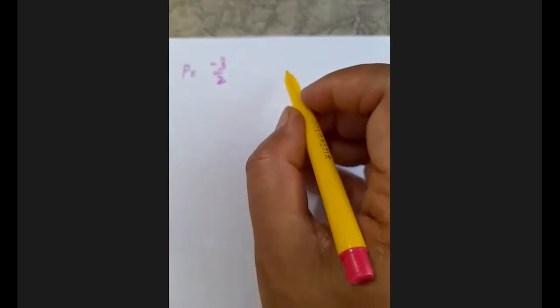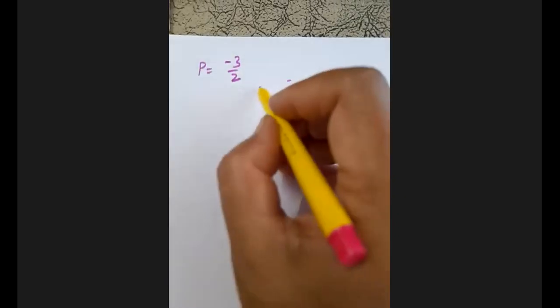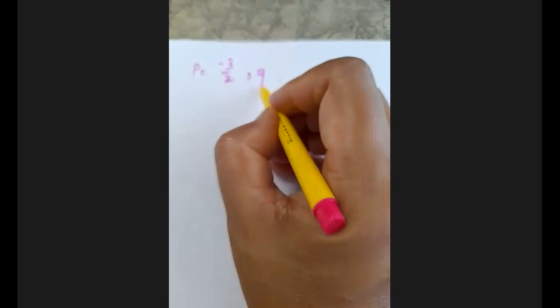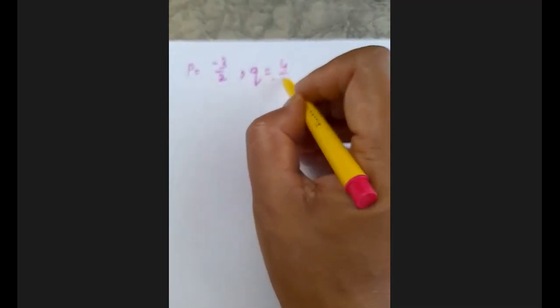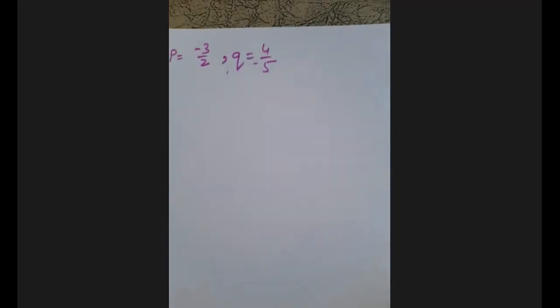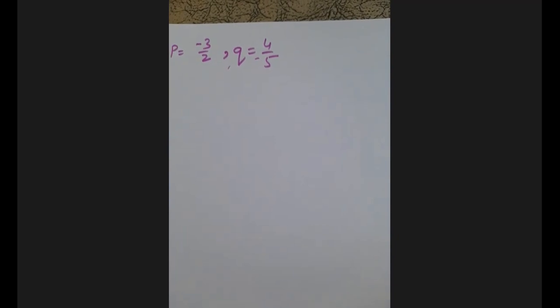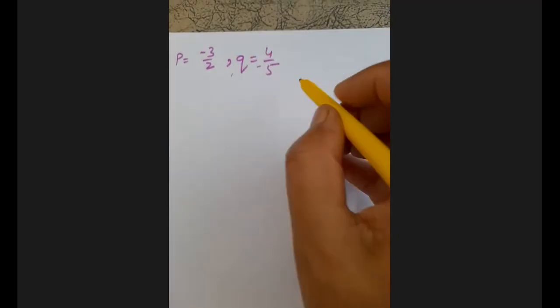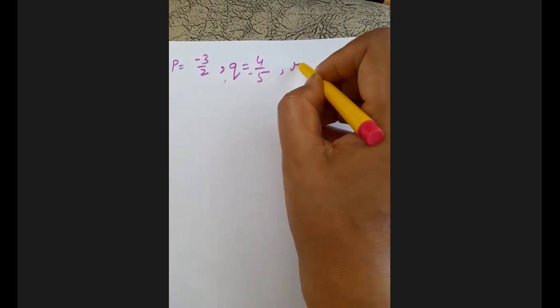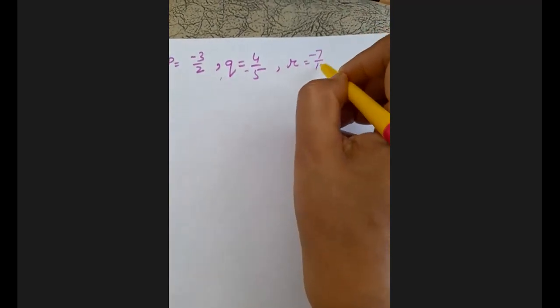The last question is, the values of P, Q and R are already given. Now verify: P is minus 3 upon 2, Q is 4 upon 5, and R is minus 7 upon 12.